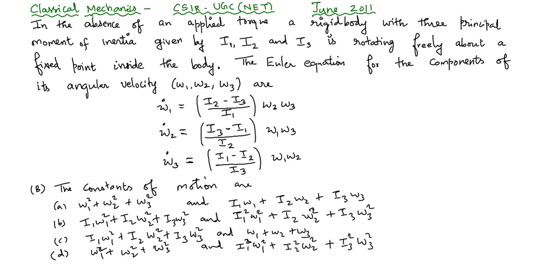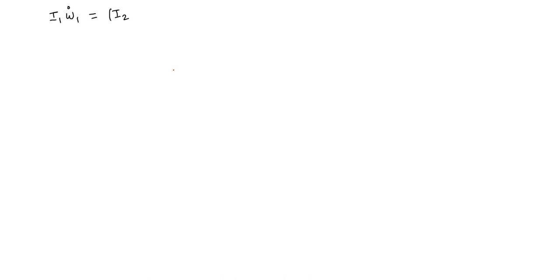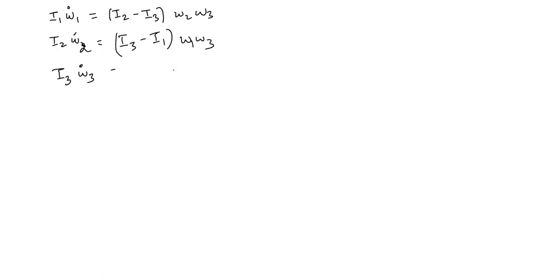I am taking this I1 to the left hand side. So I1 omega 1 dot is equal to (I2 minus I3) omega 2 omega 3, I2 omega 2 dot can be written as (I3 minus I1) omega 1 omega 3, and I3 omega 3 dot is equal to (I1 minus I2) omega 1 omega 2.